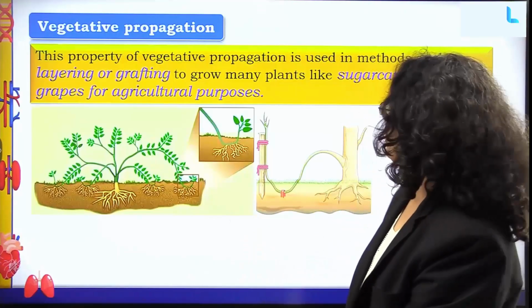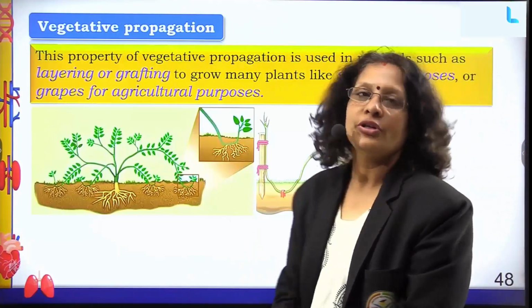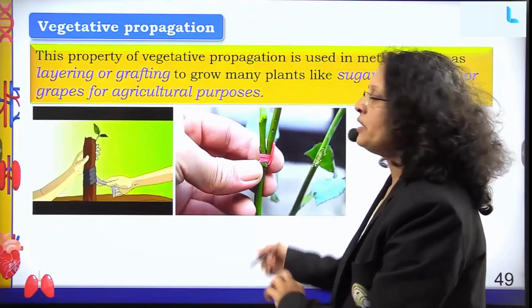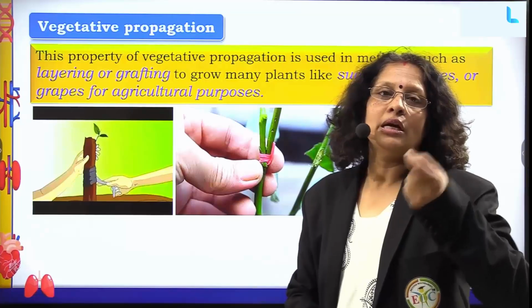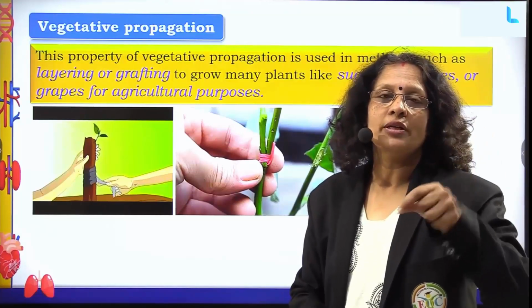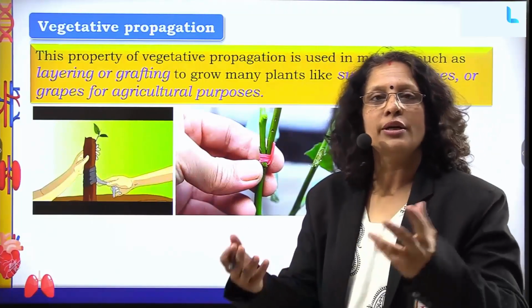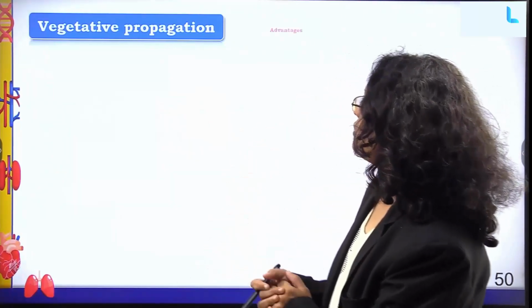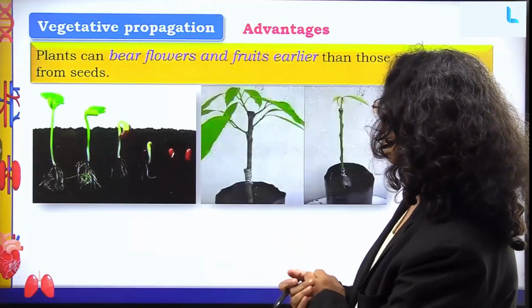Grafting can also be done. One plant is grafted onto the open end of another plant, so it takes nutrients from that plant and starts growing there. The vegetative part is cut and joined.